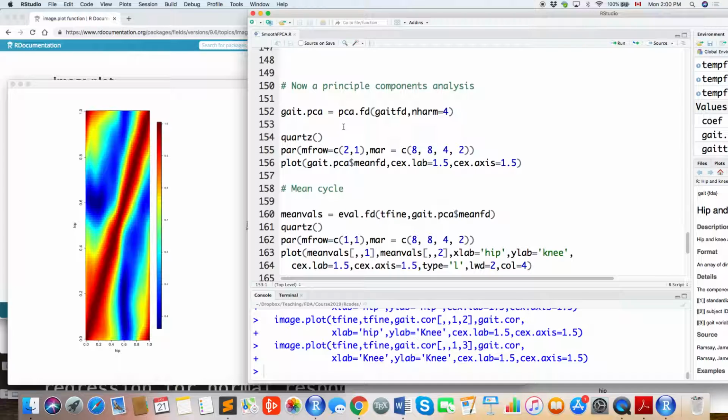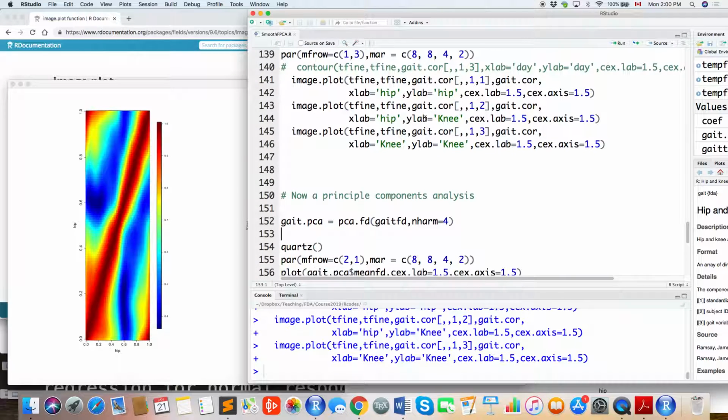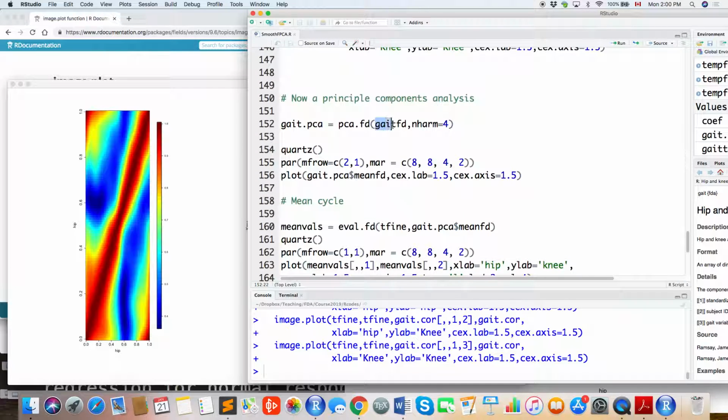Now we're doing FPCA on these two functional variables at the same time. This gait FD is the functional data from using the smoothing splines on the hip angles curve and the knee angles curve.